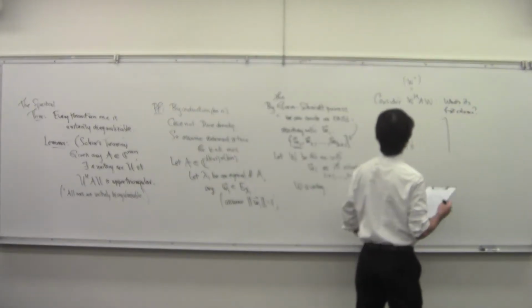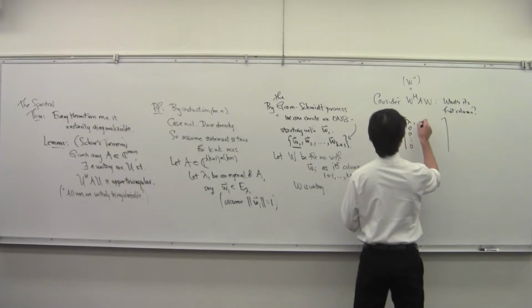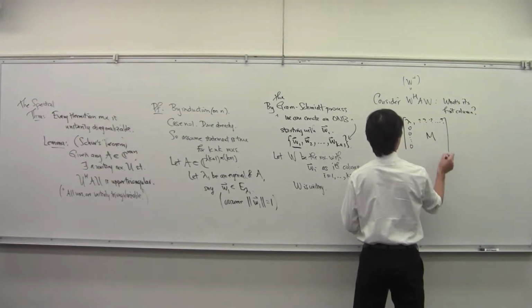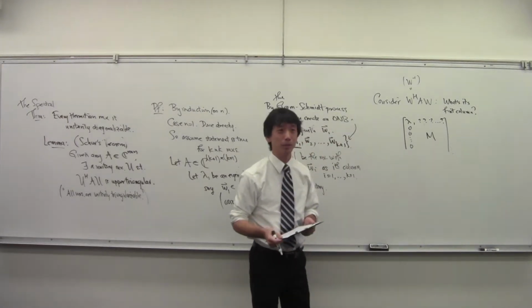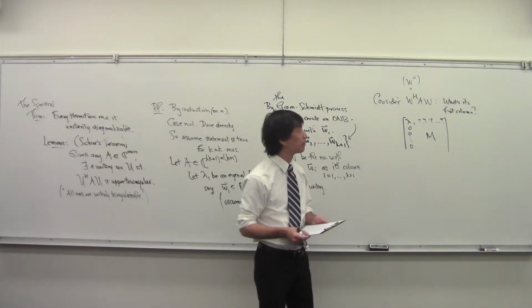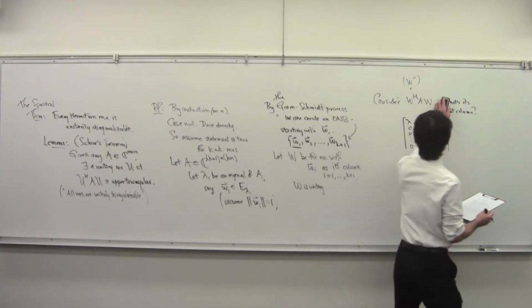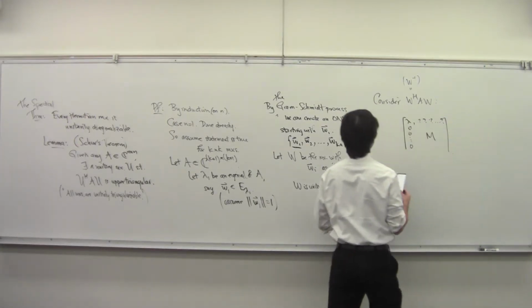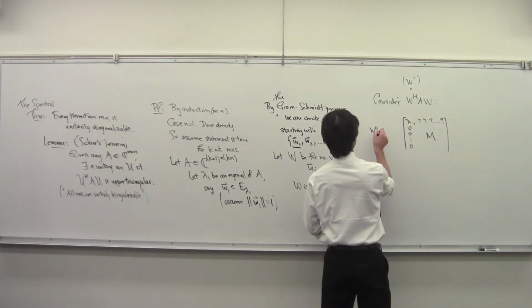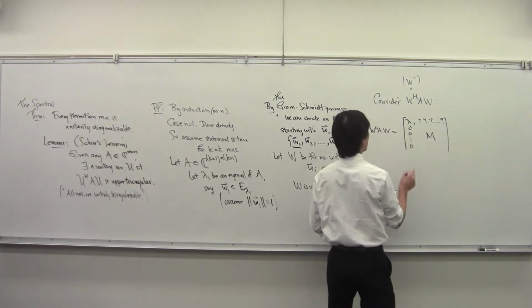So I'm just going to write it like this. We're going to have stuff in the first row, and down here we're going to have some matrix that we don't know, called M. So by your knowledge of matrix representations, this thing is going to look like this.